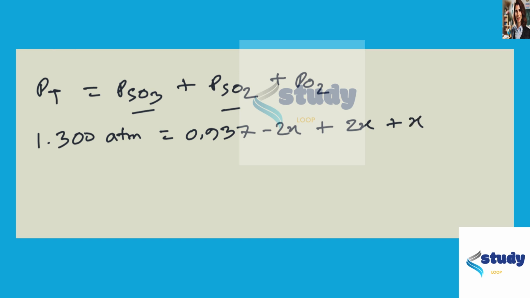So we can cancel this 2x here, so the value of x will be this minus this, and from here we can find the value of x as 0.363. This is also atm, so the value will be 0.363 atm.